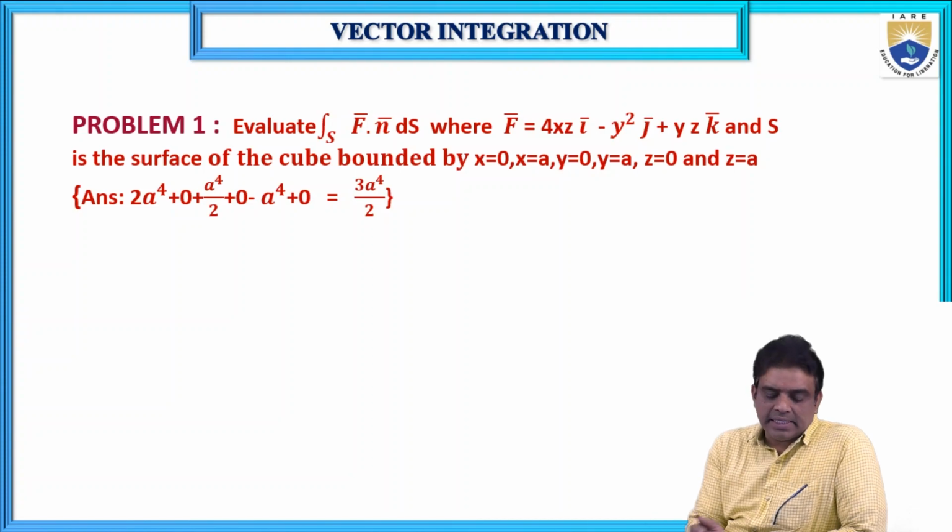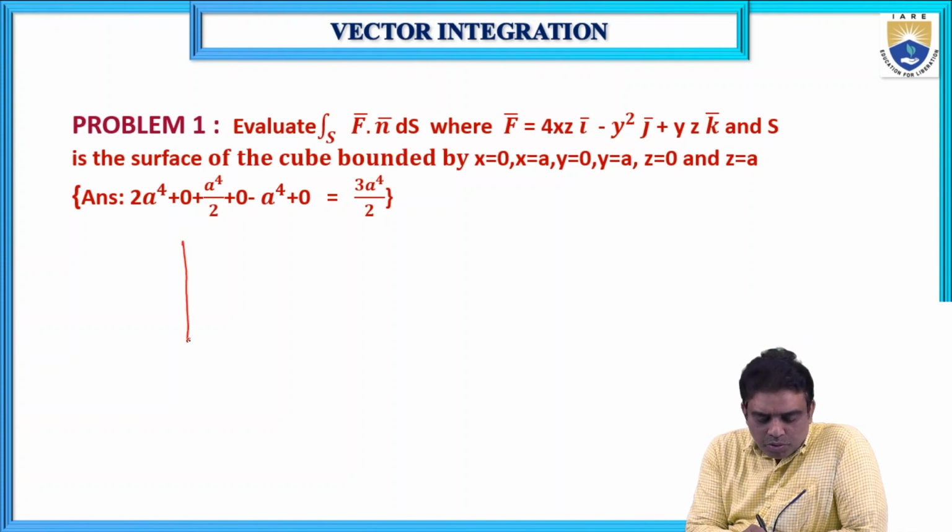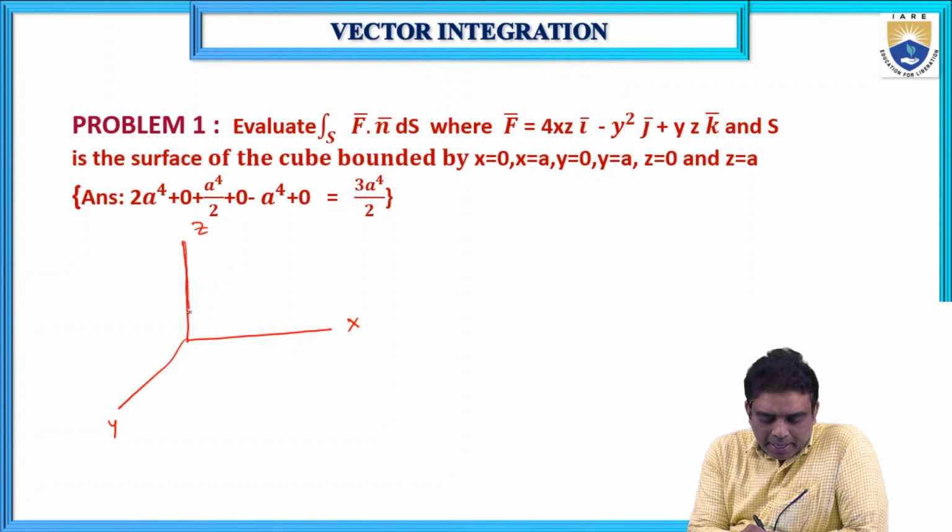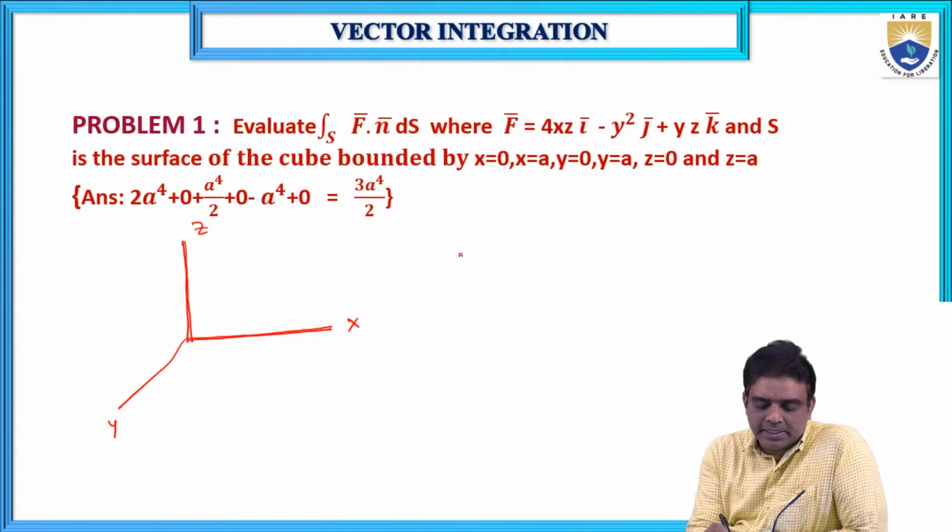So here the region is given as a cube bounded by these planes. Suppose we assume the x, y, z axes, and this is the xz plane. The equation of the xz plane is y is equal to 0.